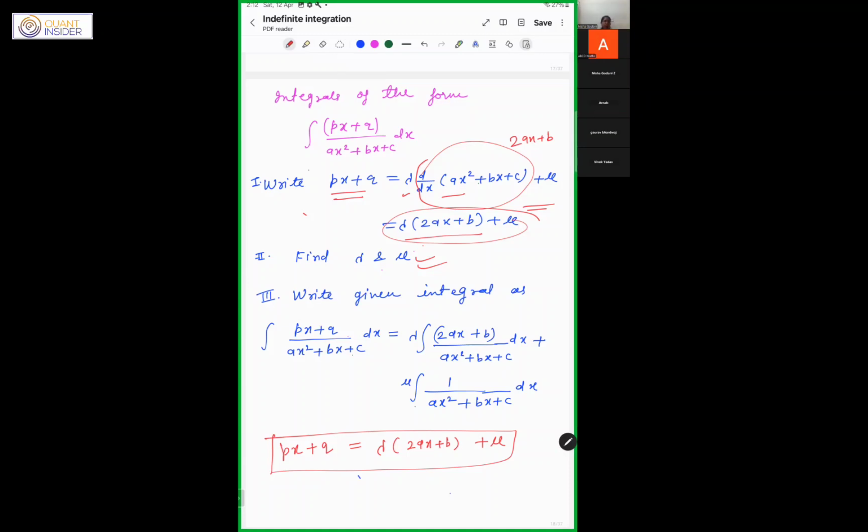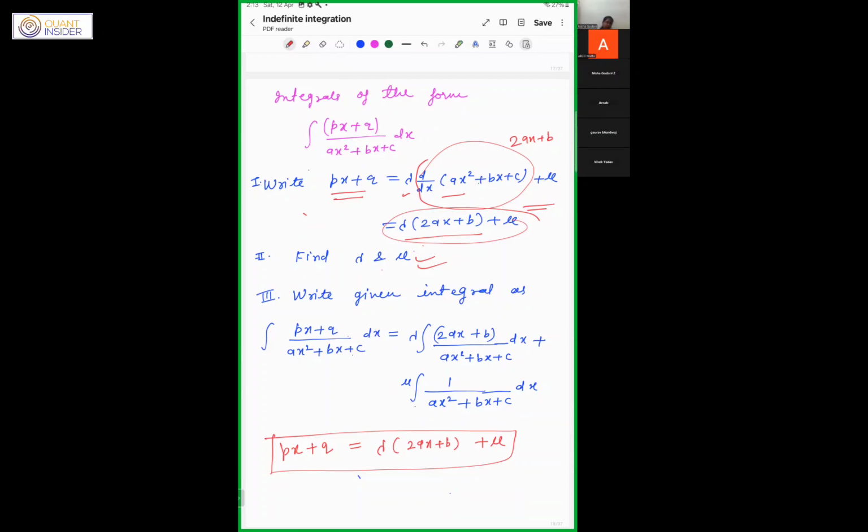It is the differentiation of the function in the denominator. Because we know that if we have a function in the numerator which is the differentiation of the function in the denominator, then we can apply the result that we studied before this. But it was any general linear polynomial, so we can break it like this. This will help in solving the integration.